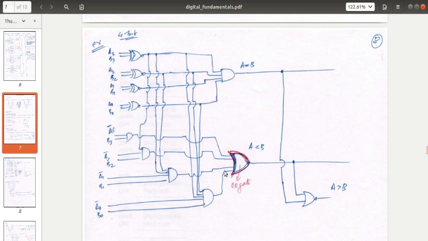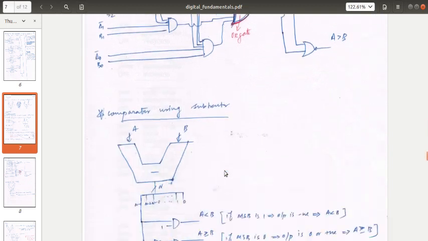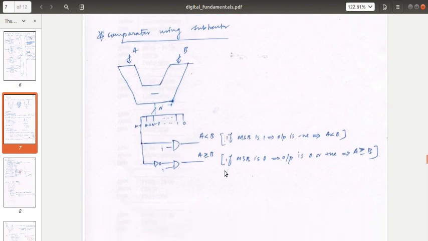So as we increase the number of bits, it will be difficult to implement this, because of the fan-in and fan-out problems of gates. So in reality, when we come to the paradigm of computer architecture, how we implement a comparator is simply by using a subtractor.